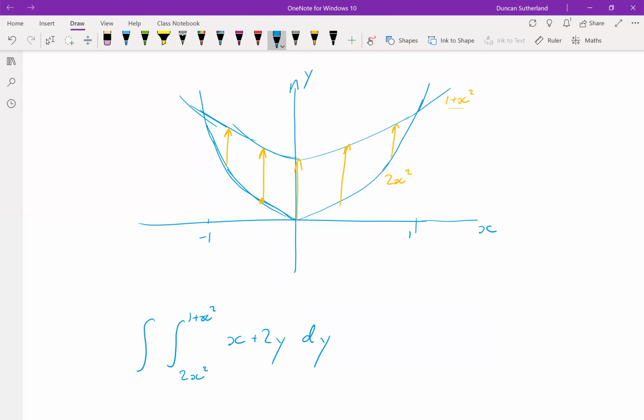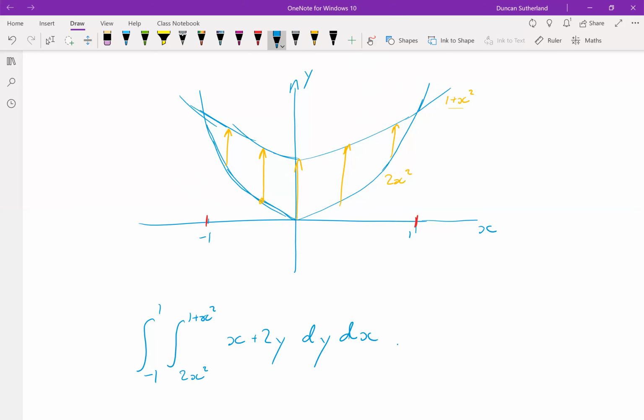Our x limit, we obviously start at -1 and we roll through until 1. So that's our integral, right? So our dA was dy dx, and there are limits that define the region of integration D.